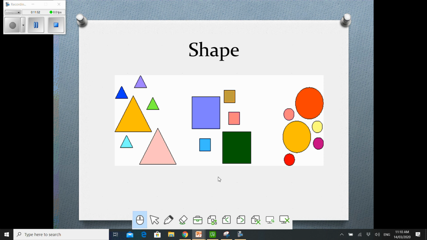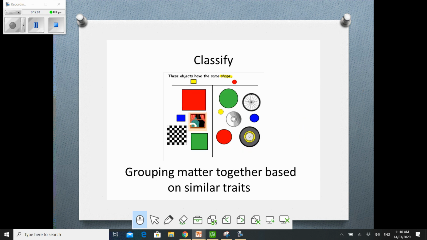Here, all of these shapes are triangles. All of them are squares and all of them are circles. Here, they classify the objects by the shape.